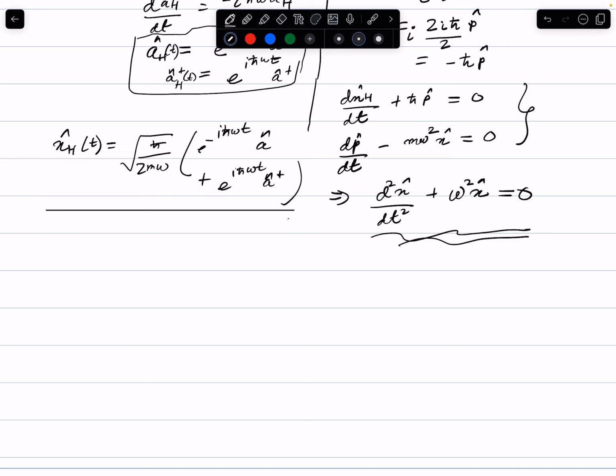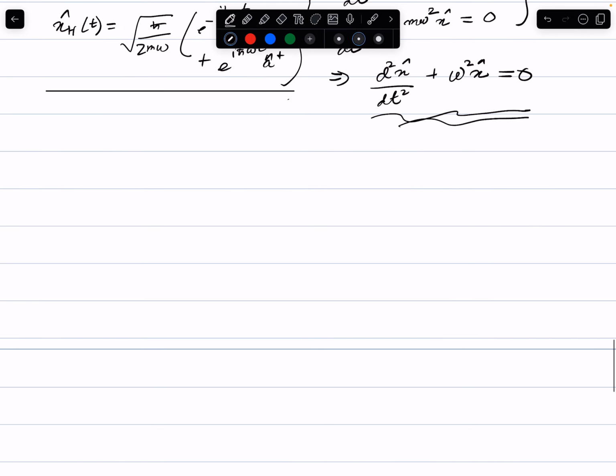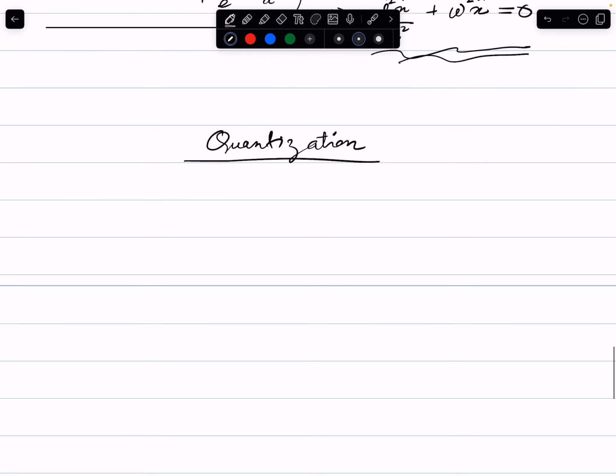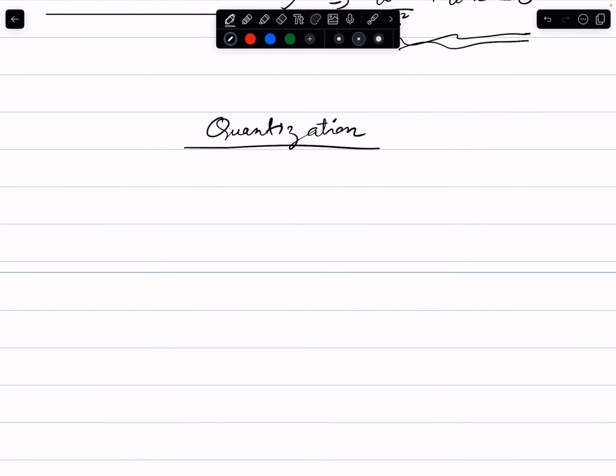So what do I want to do? I want to talk a little bit about quantization, and maybe next time I will give more examples, but just quickly an overview of what it means to quantize a system. Okay, so we study quantum mechanics and we study classical mechanics, but one question you should have been asking is how do we go from a classical system to a quantum system?